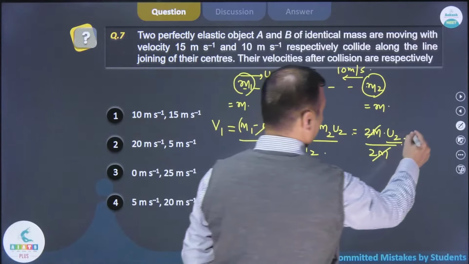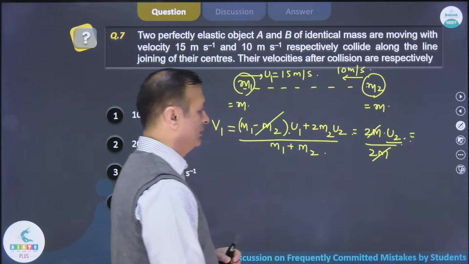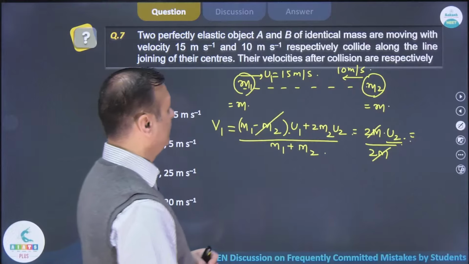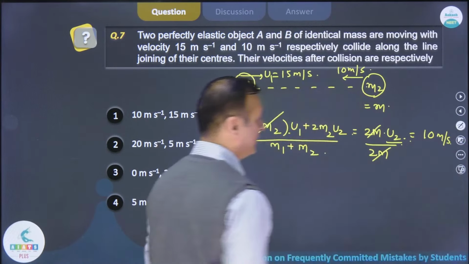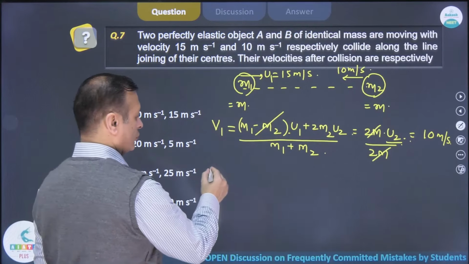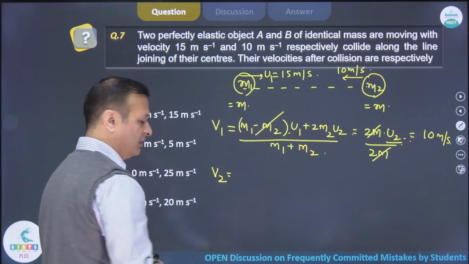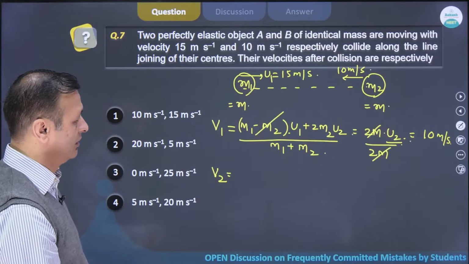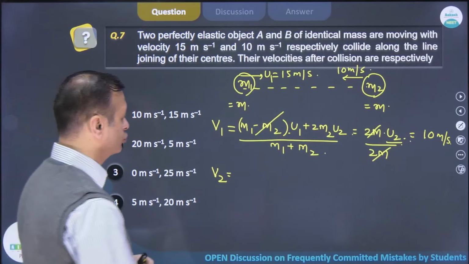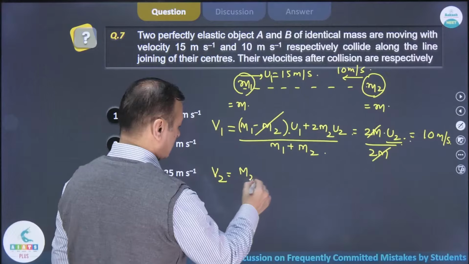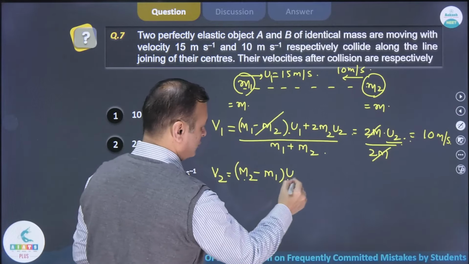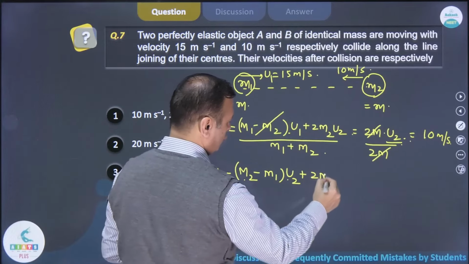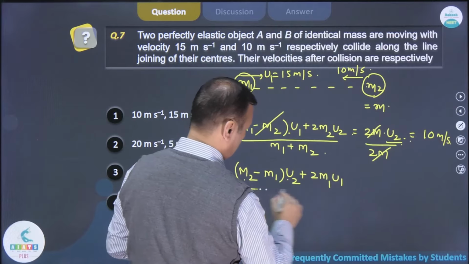In terms of speed, that would be 10 meter per second. Similarly, for the final velocity of particle 2, it is the same fashion. We just need to remember this formula.